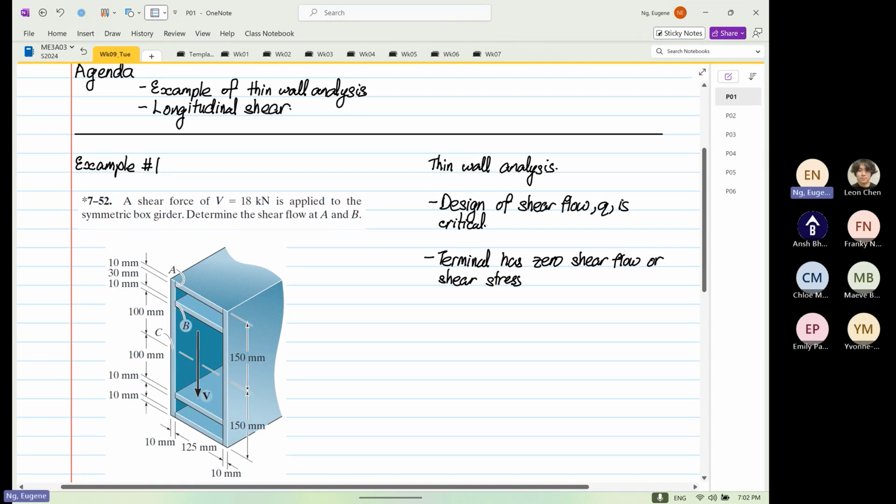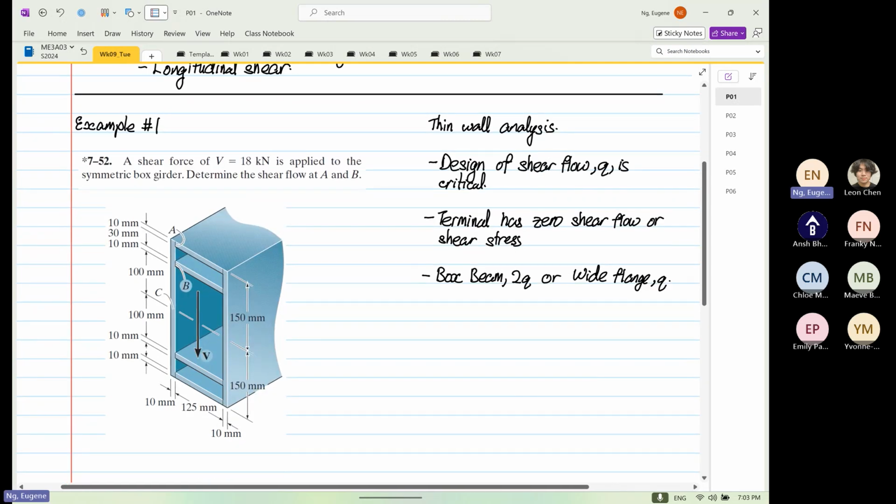A very distinct thing about thin wall analysis, it can be either a box beam, in this case, you have 2Q, or it can be a wide flange, which is only Q.